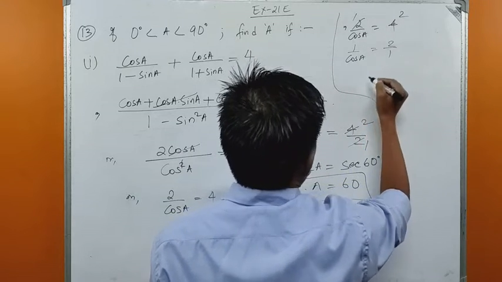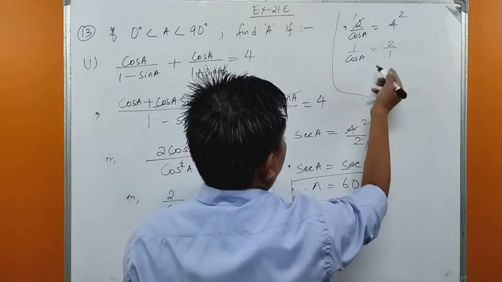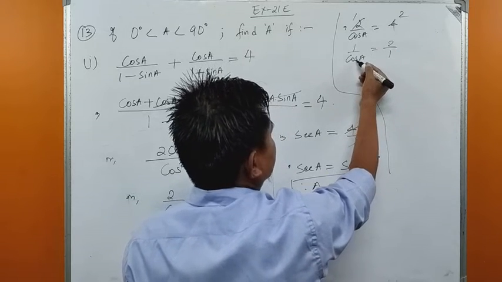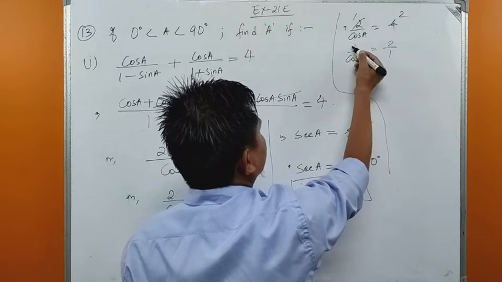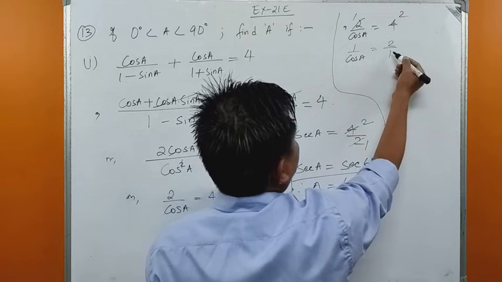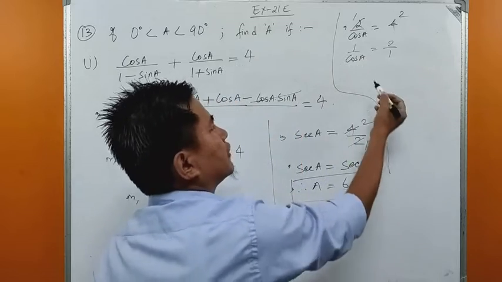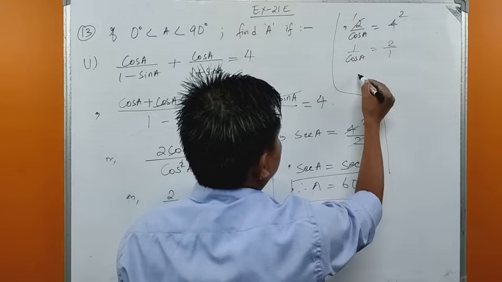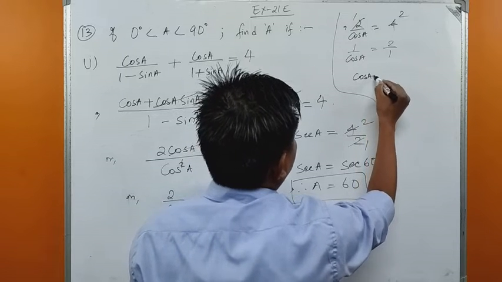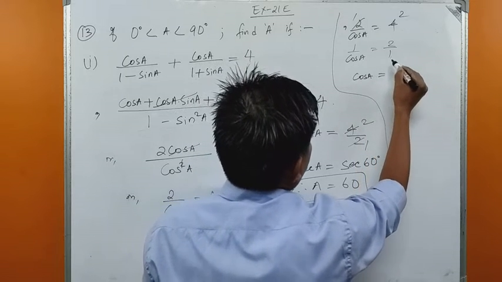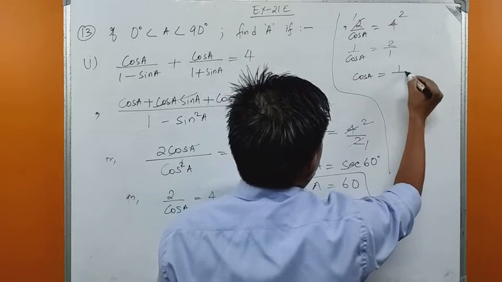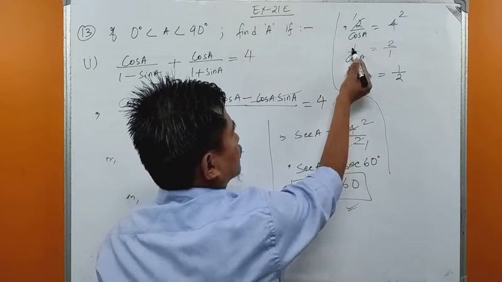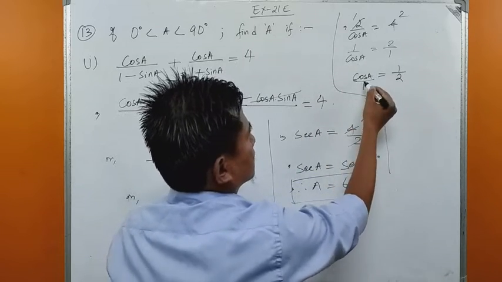2 means 2 by 1. So we apply invertendo, which means on the left hand side we take the number from the denominator to the numerator and numerator to the denominator. Similar thing we do on the right hand side as well. So this becomes cos A by 1, which means cos A equals 1 upon 2.